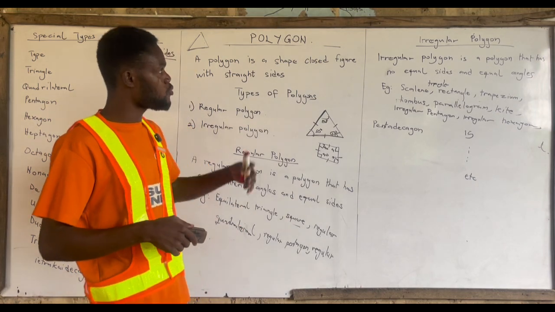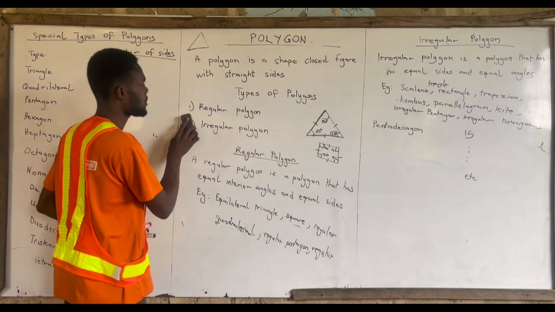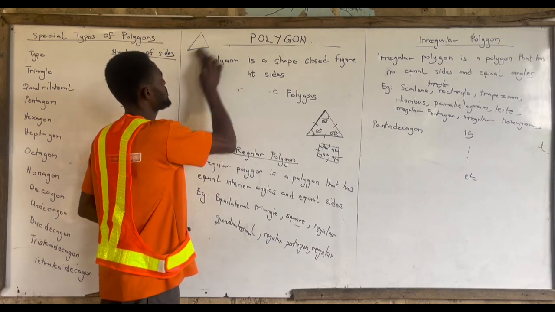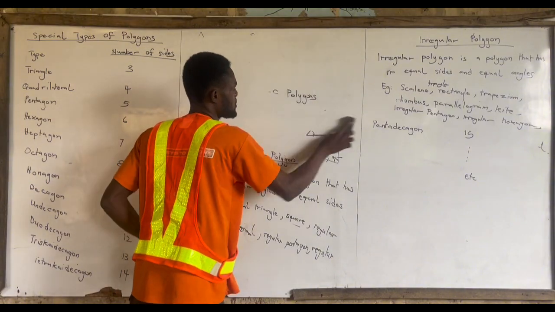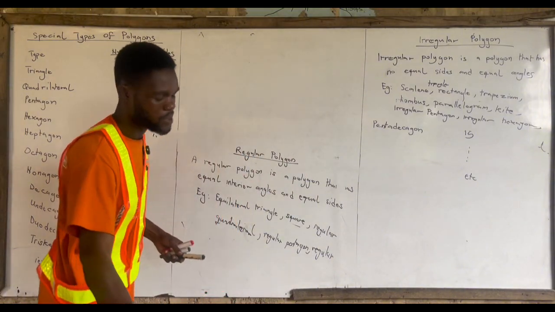Okay, so before I move on, let me explain interior angle and exterior angle of a regular polygon.